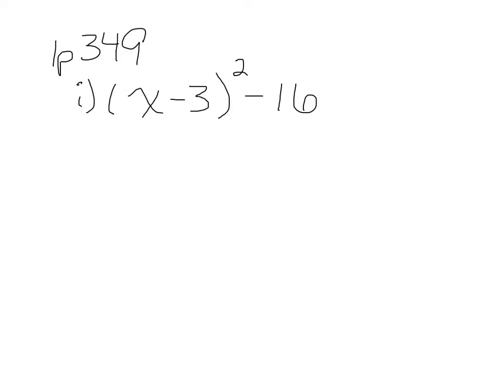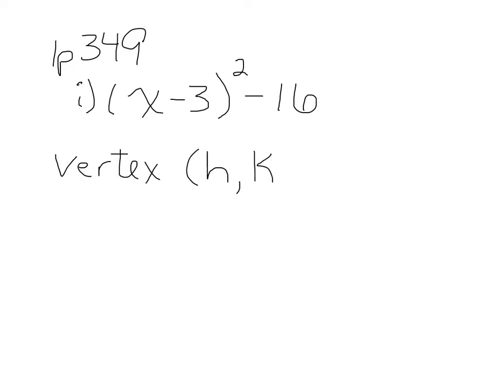All right, so we have a quadratic in vertex form now, and we want to find three things. We want to find the vertex, the x-intercept, and the y-intercept. So to find the vertex, it is just h, comma, k.